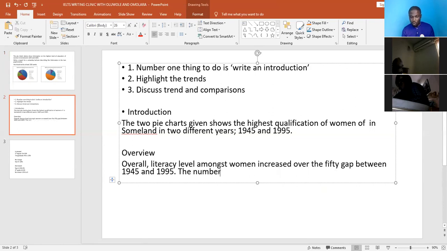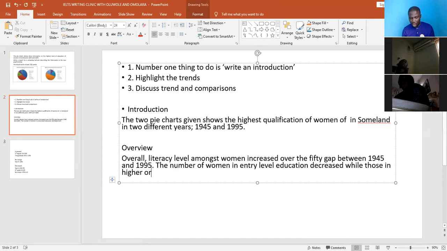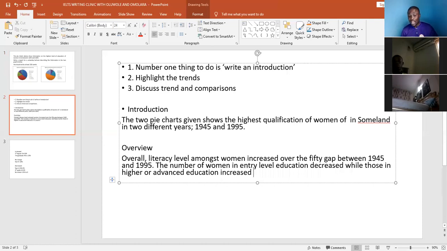The number of women in entry level education decreased, while those in higher or advanced education increased. Because I wanted to qualify it now, because they have a massive increase. I want to use a certain qualification for it.